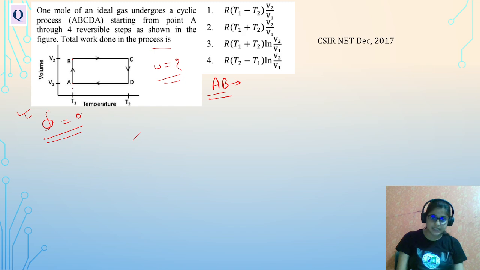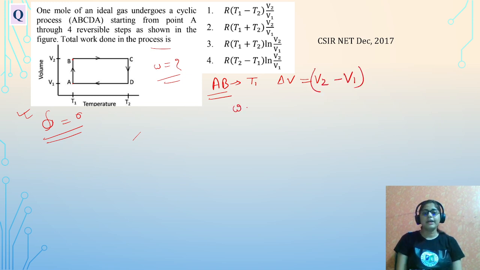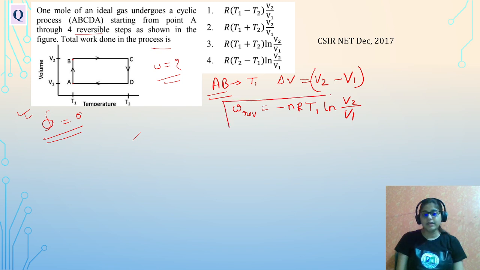So T is constant, temperature is T1, and the volume is changing from V1 to V2. Reversible case is given, so work for AB will be minus nRT1 ln V2 by V1.